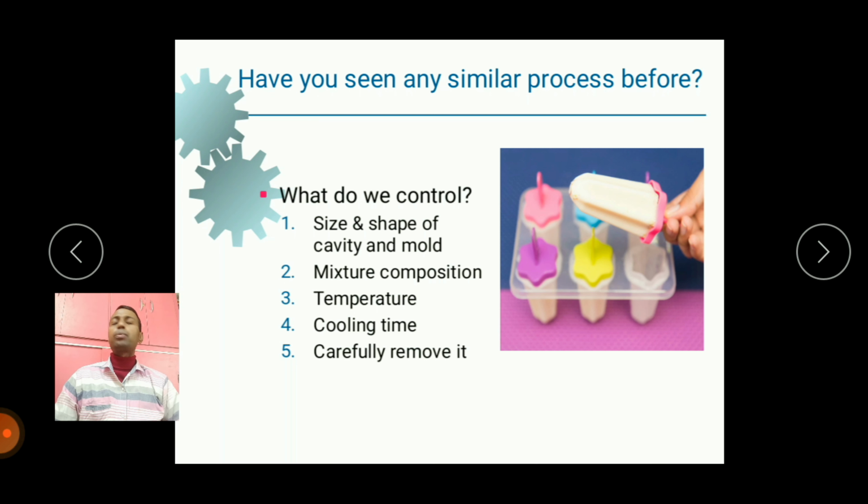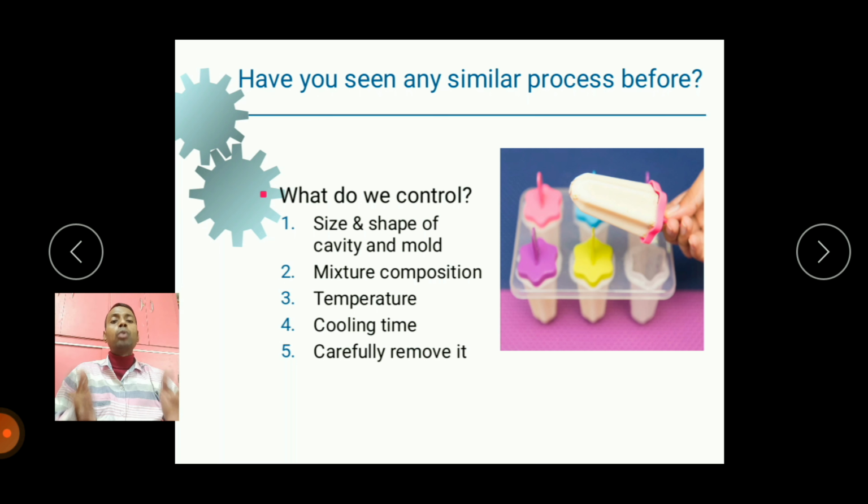So which type of manufacturing process should I choose? No other option, only one option is casting. Have you seen any similar process before? The shape and size of the cavity of the mold, mixture composition, temperature, cooling time, carefully removing it. All of you, I think, see this in your household also.